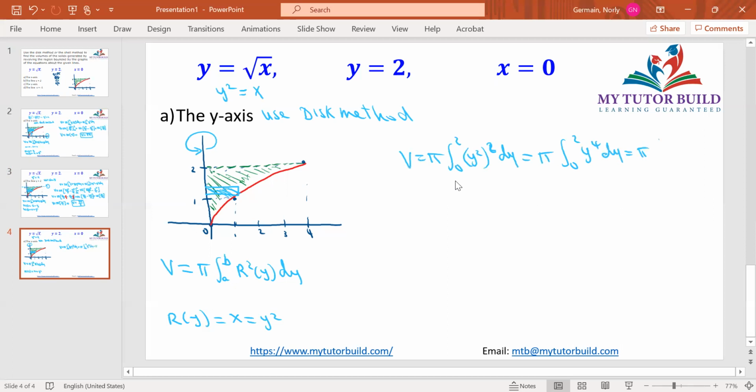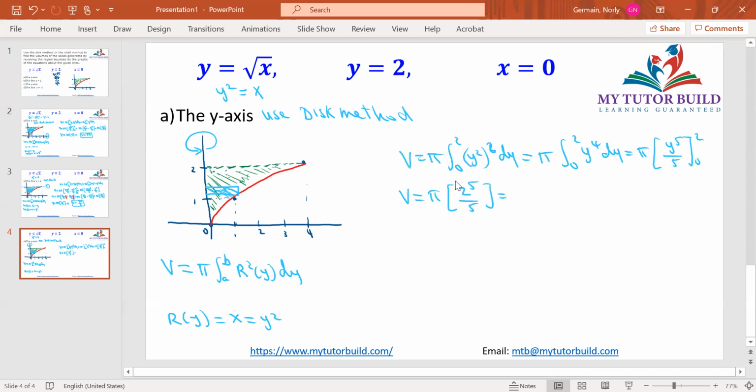That's pi. When you take the antiderivative of y power 4, it gives you y power 5 over 5, something you might probably remember. So what is V? V is pi. When you substitute for 2, it's going to give you 2 power 5 over 5.